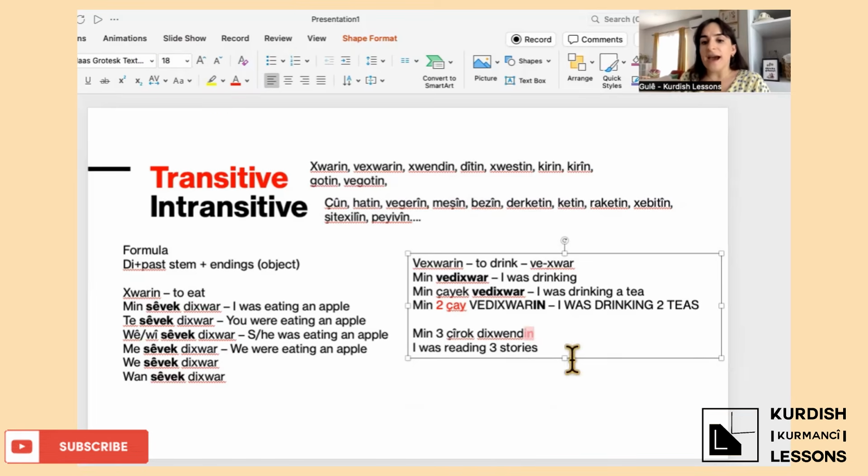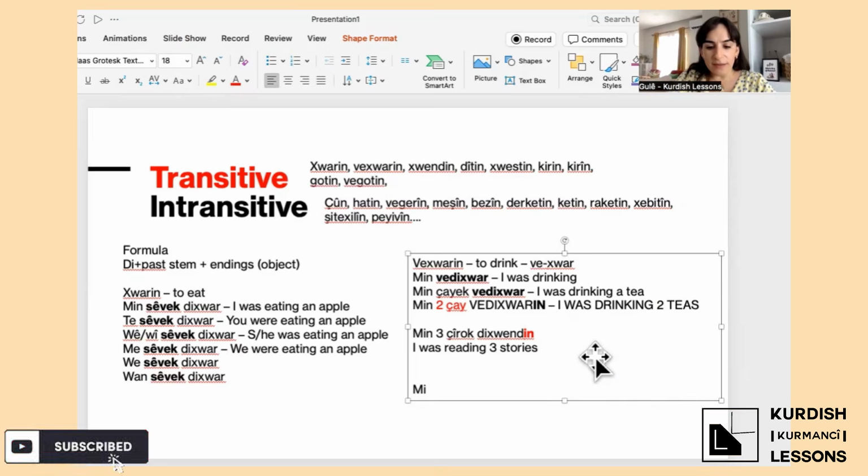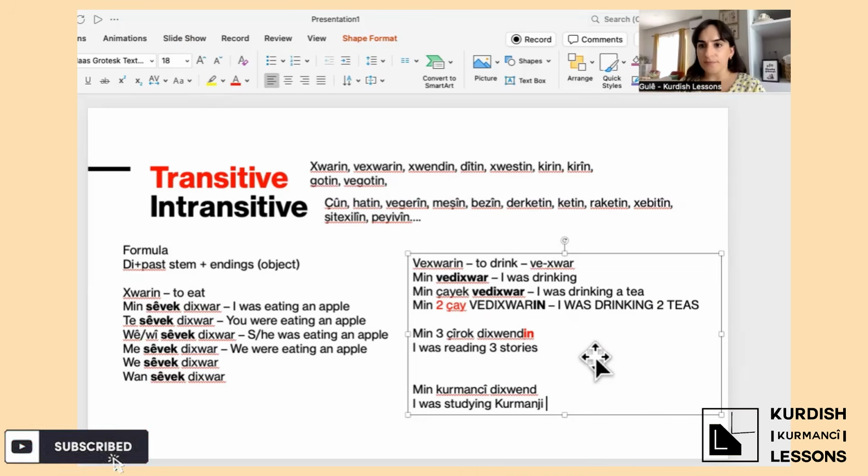And if you say, I was studying Kurmanji, since Kurmanji is singular, no ending at the end of the verb. Just I was studying Kurmanji. Okay? So this is the very, very important rule about the transitive verbs. You have to take care of the object.